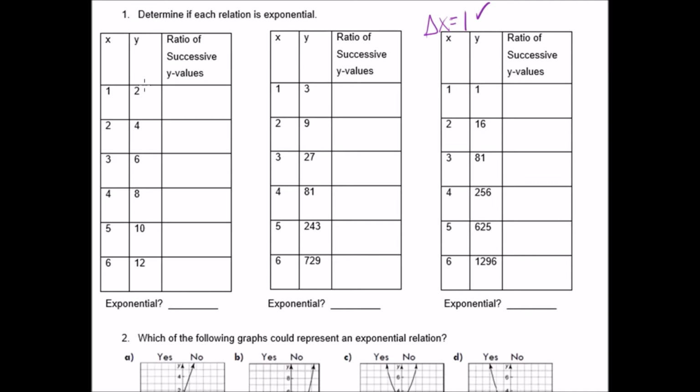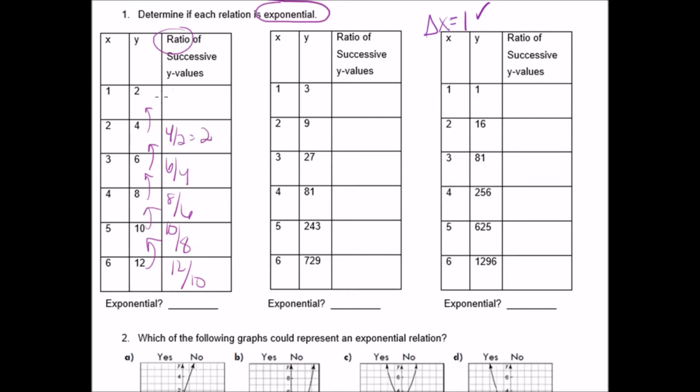We can use first differences, second differences, or ratios. This one's just asking us to determine if each relation is exponential, so we actually don't even care about the first and second differences. We just care about the ratios. So let's go: 12 divided by 10, 10 divided by 8, 8 divided by 6, 6 divided by 4, 4 divided by 2.